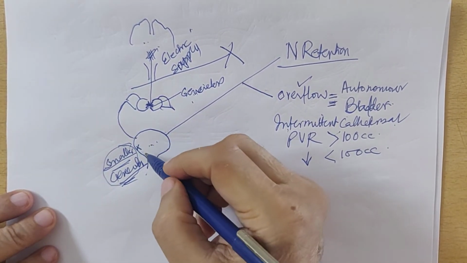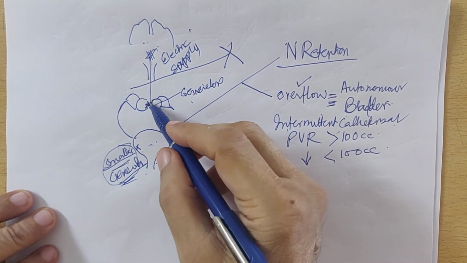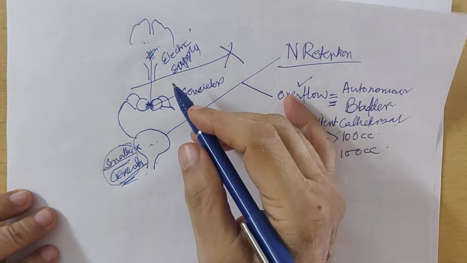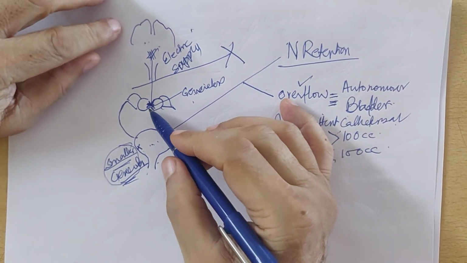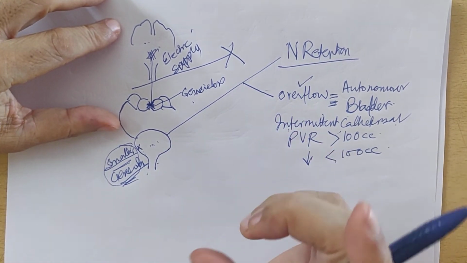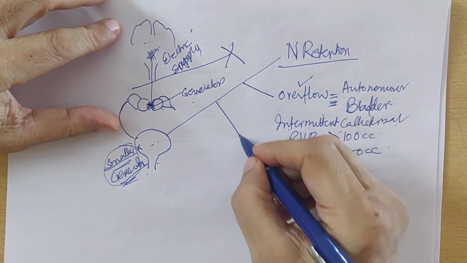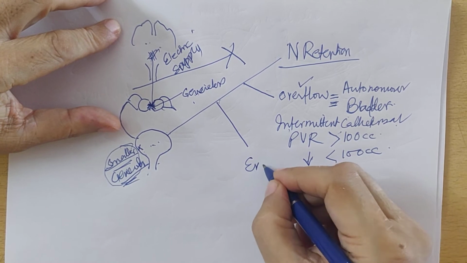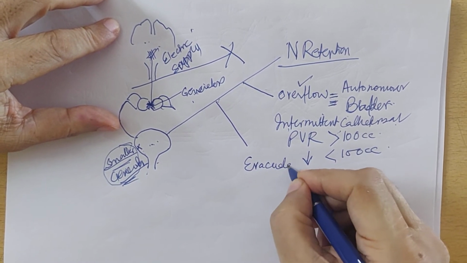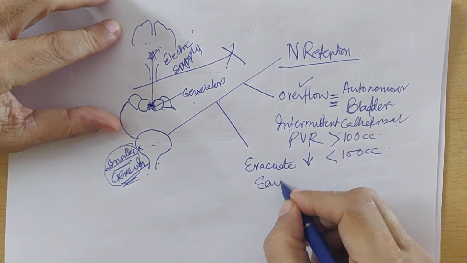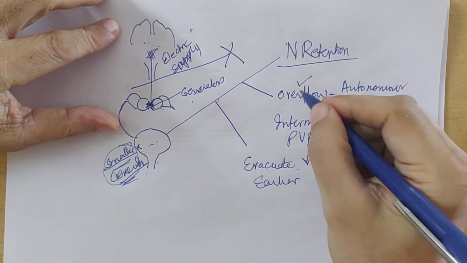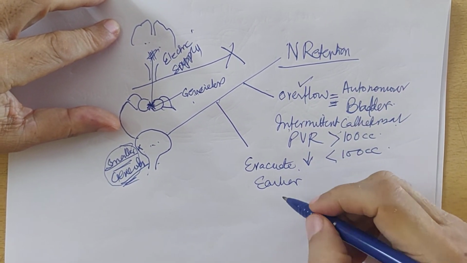Then the spinal reflex gets active, and when the spinal reflex gets active, the bladder would evacuate earlier, that means with less volume stored.